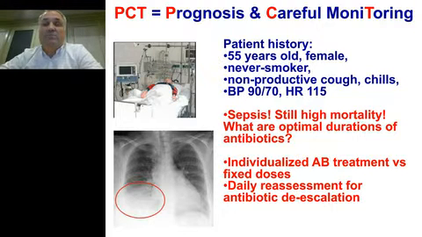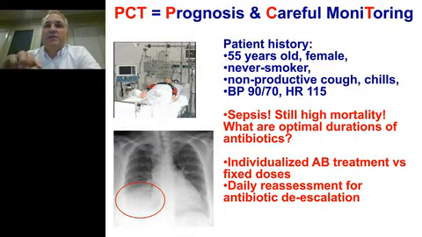But if a patient is not responding well, he probably needs longer courses. And so the advantage of using a marker like PCT in such patients is really to more individualize the duration of treatment. Also, because it gives us prognostic information, it can help us to reassess the response to therapy in these patients.